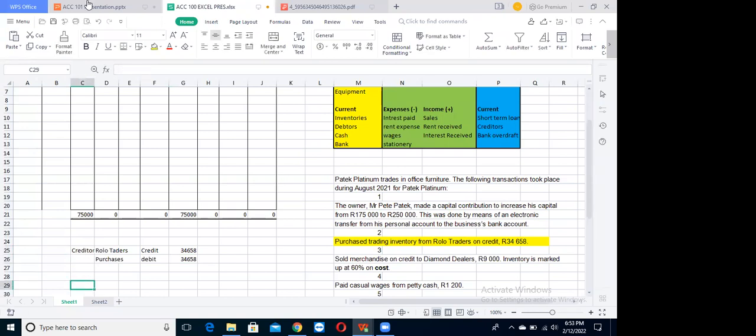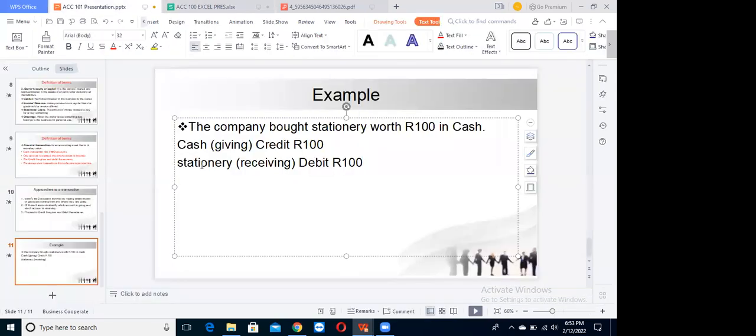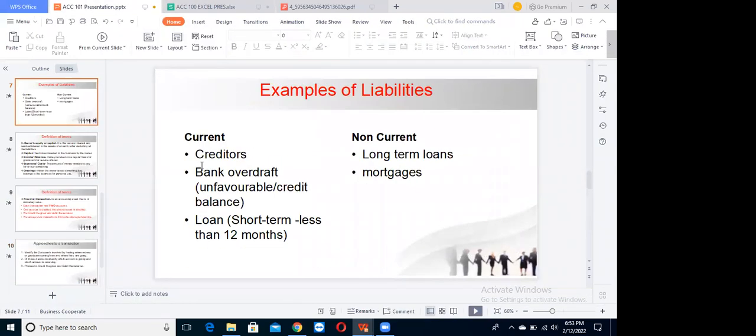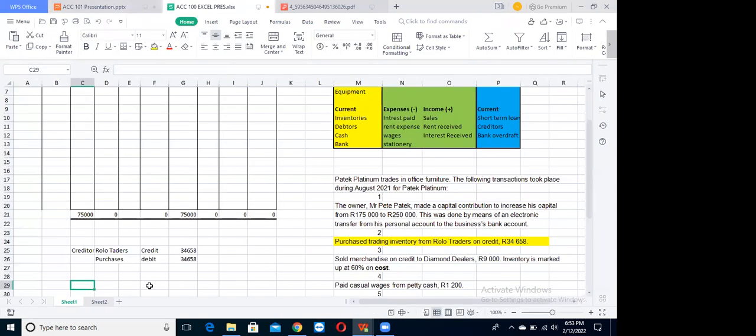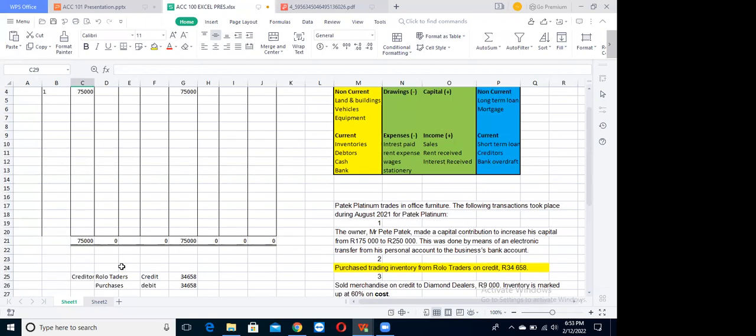And I said, if you were listening attentively, that creditors are current liabilities, and they occur when we buy goods on credit. So we have created creditors.